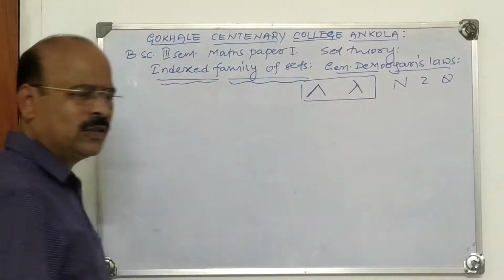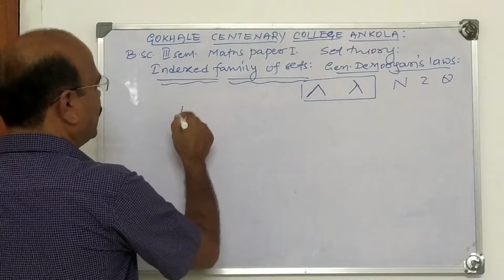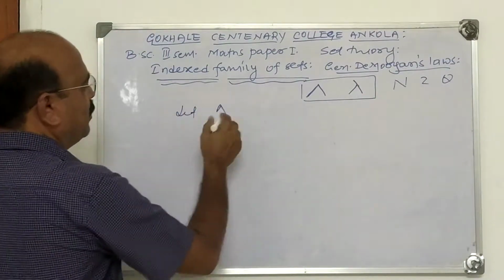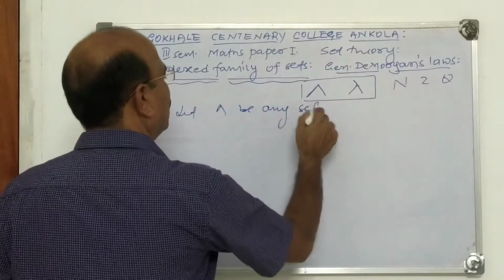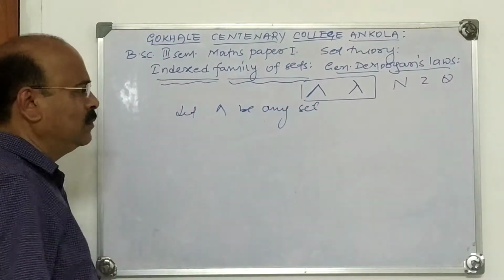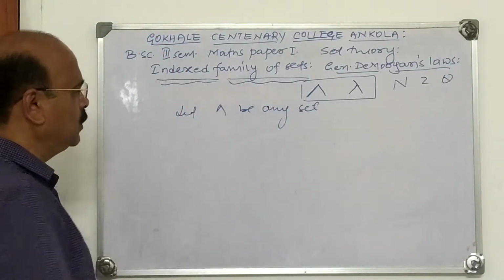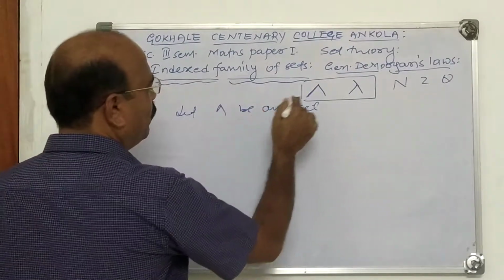How to define indexed family of sets? Let this capital lambda be any set, maybe a non-empty set also. It may be equal to pi also. Let lambda be any set.